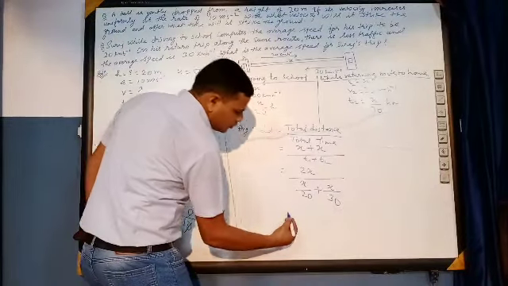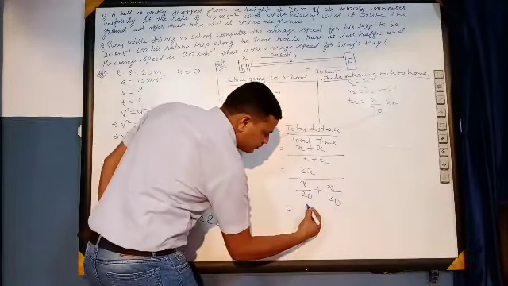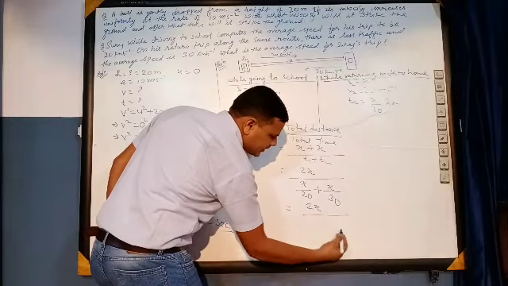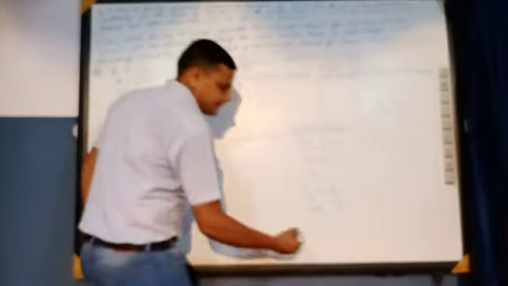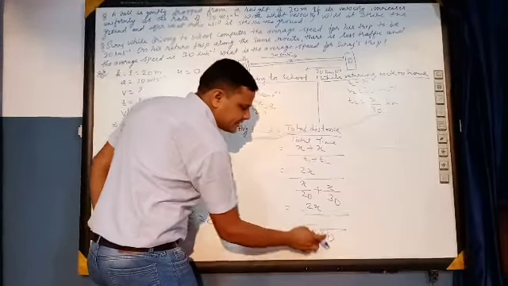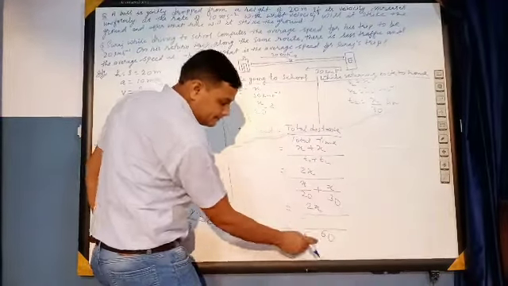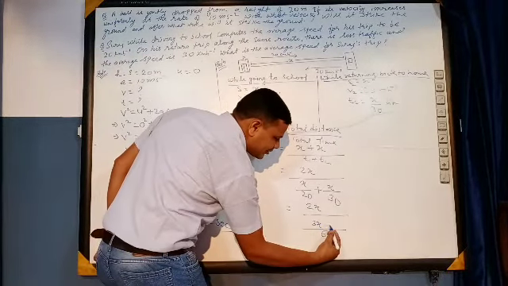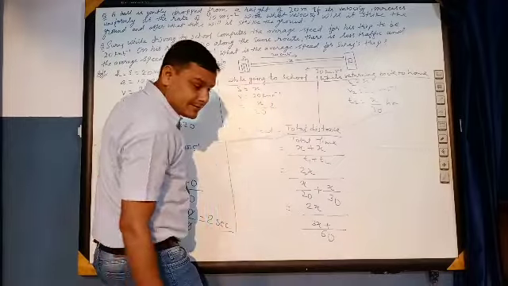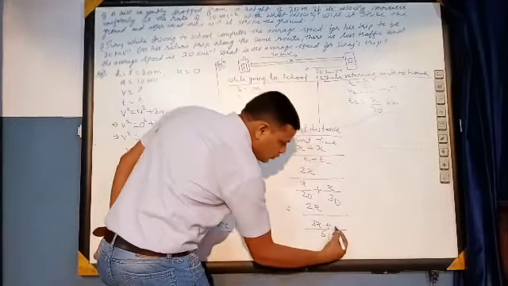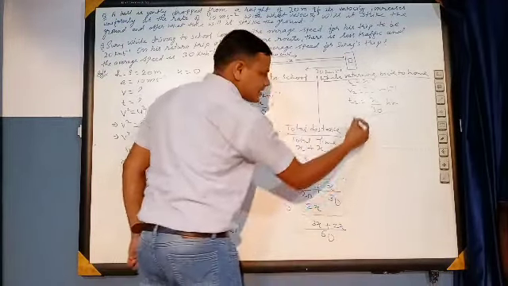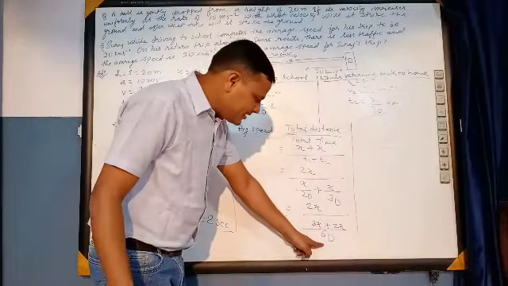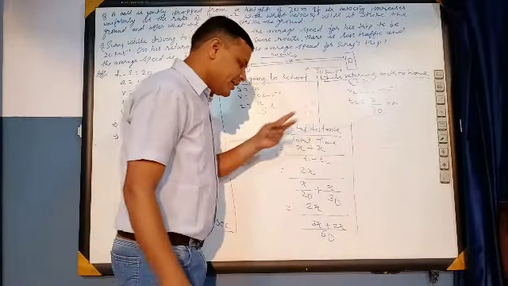Now what you have to do? Now taking the LCM of 20 and 30, that will be 60. 60 divided by 20 is 3, so here we will get 3x. 60 divided by 30 is 2, so we will get 2x. Now this 60 will be transferred to the numerator.